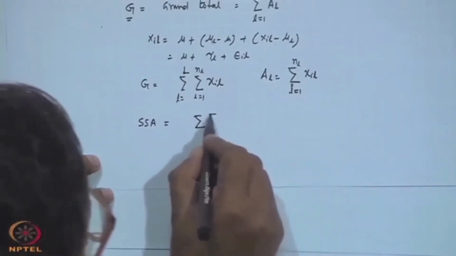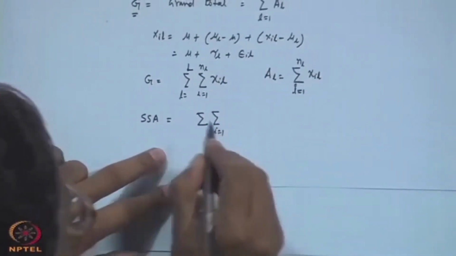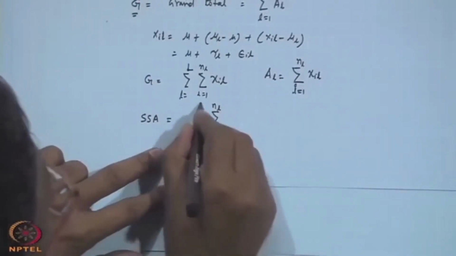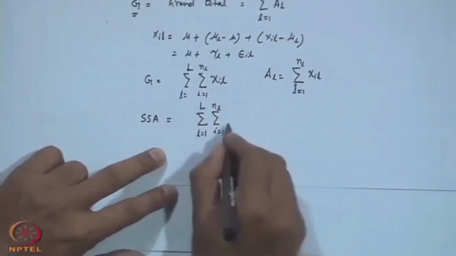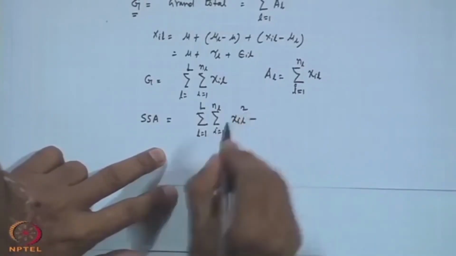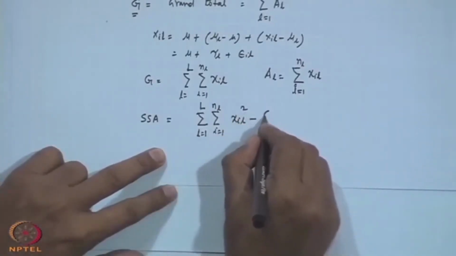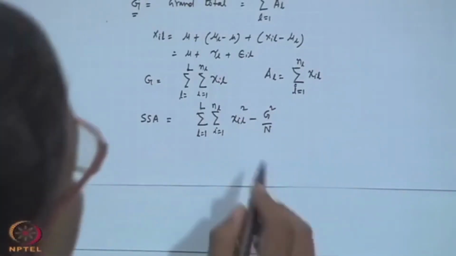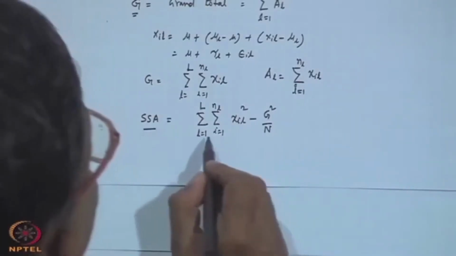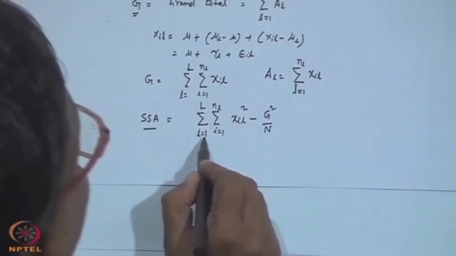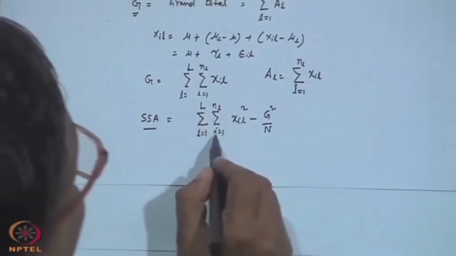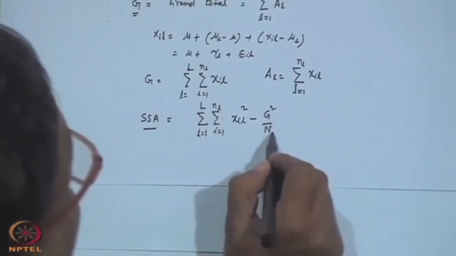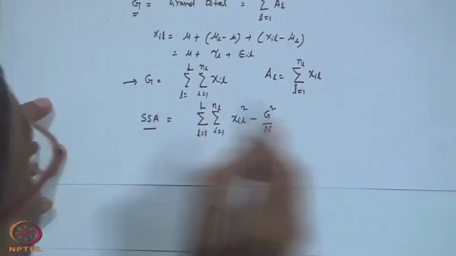Write this down: I equal to 1 to NL, L equal to 1 to capital L, XIL square minus G square by N, where G is the grand total.